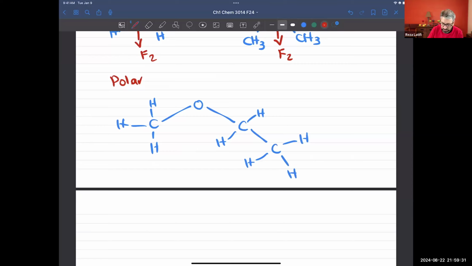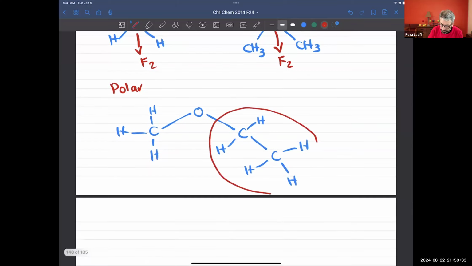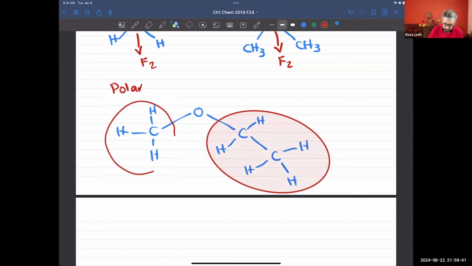In that case, this group will not be equal to that group. And of course, you also have lone pairs. So not only do you have lone pairs, the 2 groups are not identical. So this molecule for sure will be polar.